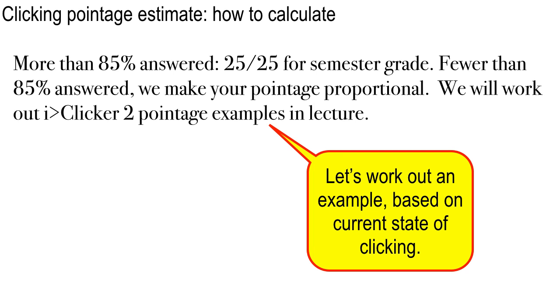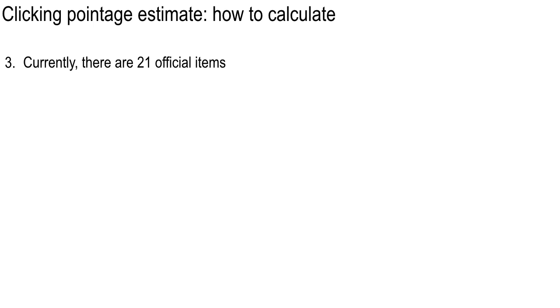So here, you should be taking notes on this, by the way. And here's where we definitely need some notes. So item 3 on clicking pointage estimates. Currently, as of Tuesday, there were 21 clicker questions, and 85% of that is 17.85 questions.